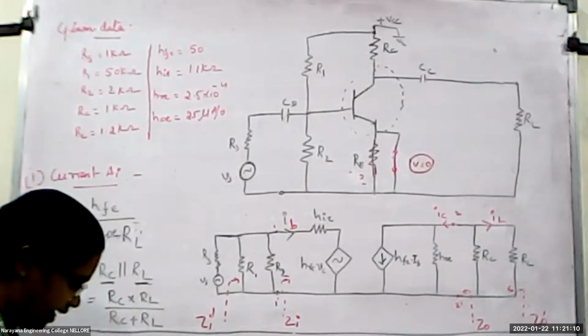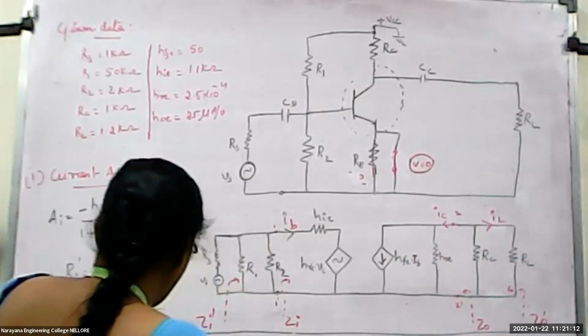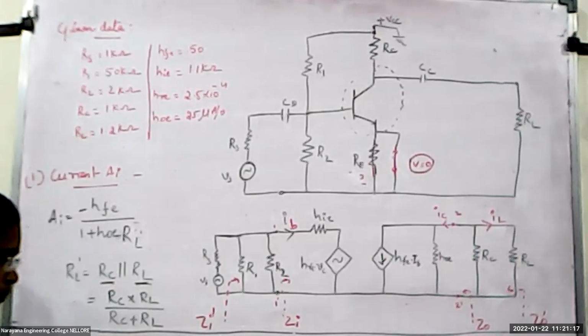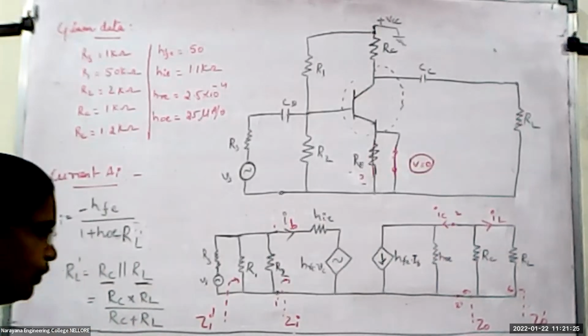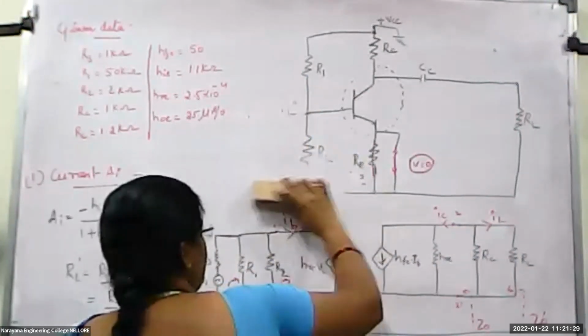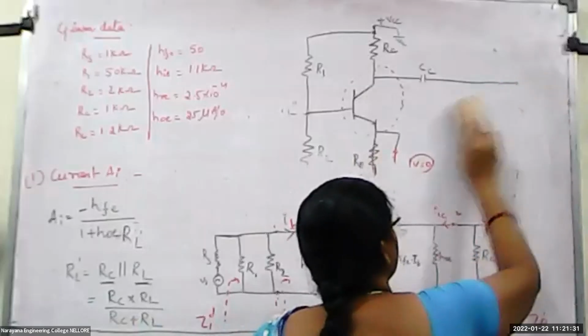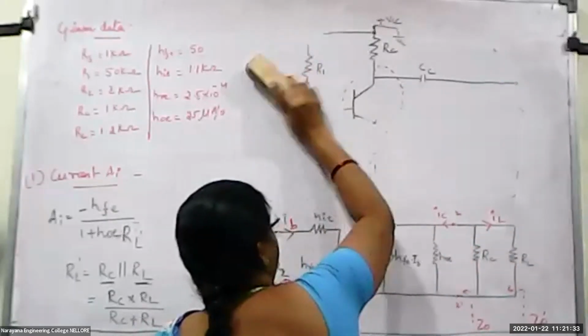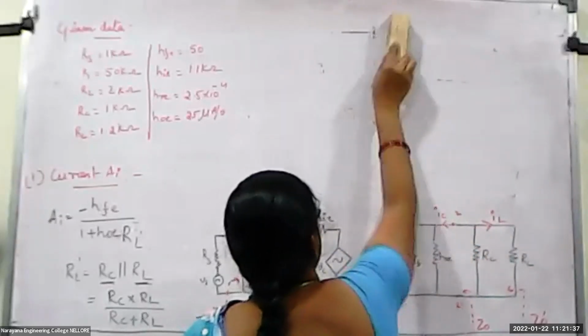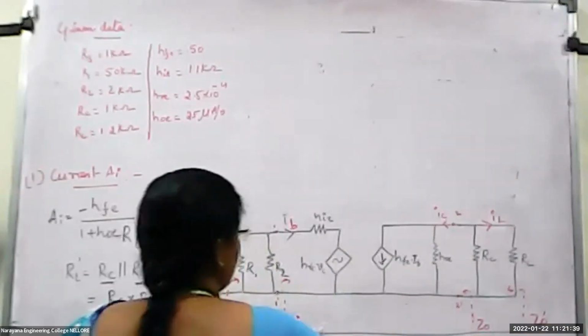When two resistors are connected in parallel, this is the formula: R1 parallel with R2 means R1 into R2 by R1 plus R2. Substitute RC value and RL value, and you can get RL dash. Calculate and tell me the answer. Everyone calculate in your notebook.